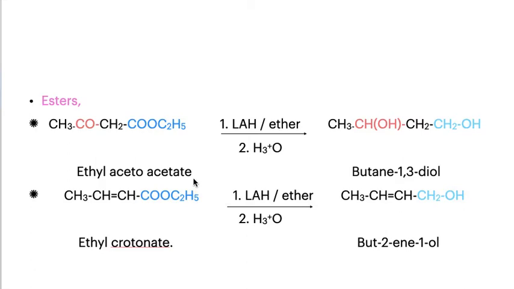Ethyl acetoacetate on reduction forms butane-1,3-diol. Another example is ethyl crotonate, CH3CH=CHCOOC2H5. On reduction with lithium aluminum hydride, it forms 2-buten-1-ol, that is CH3CH=CHCH2OH.